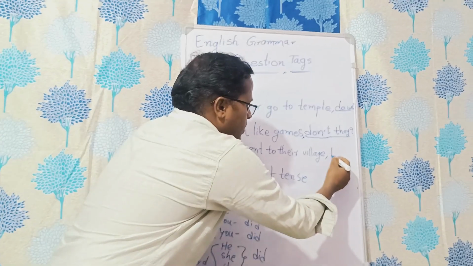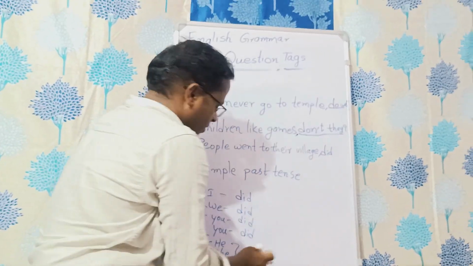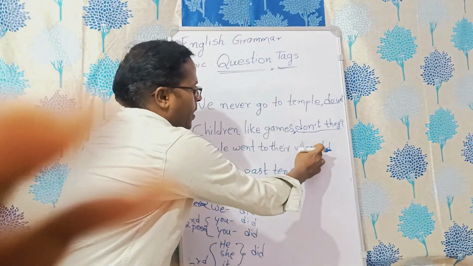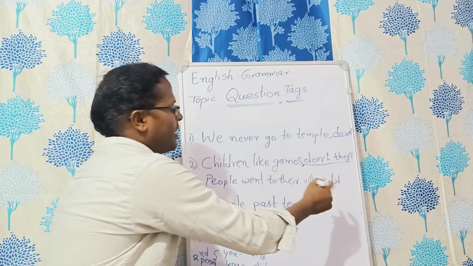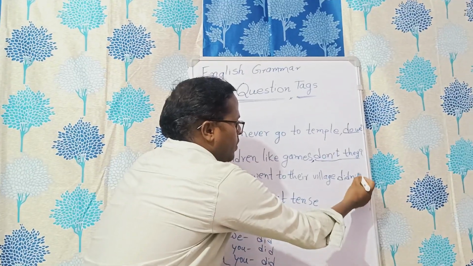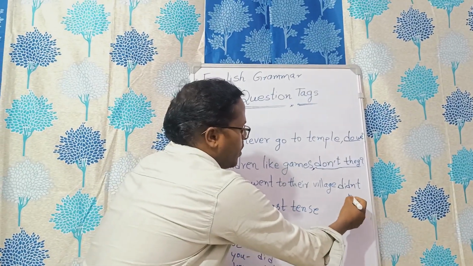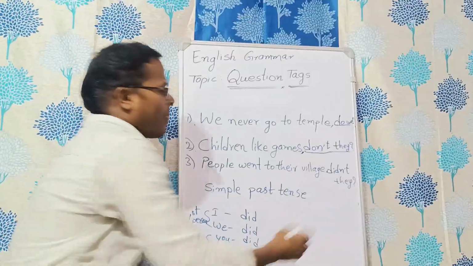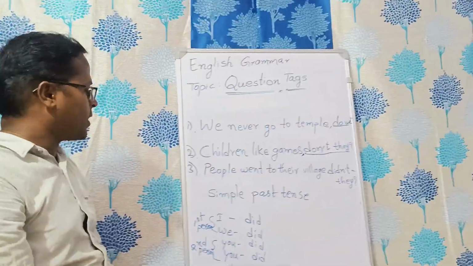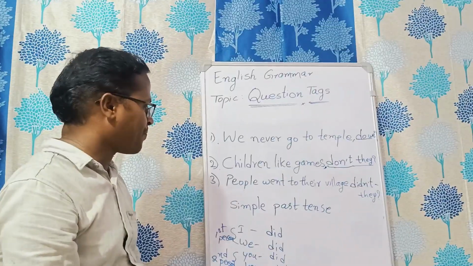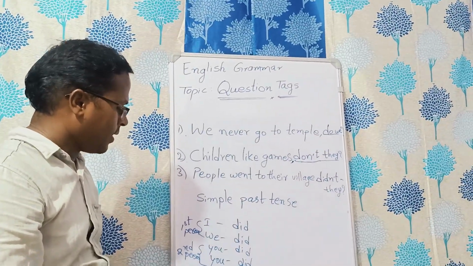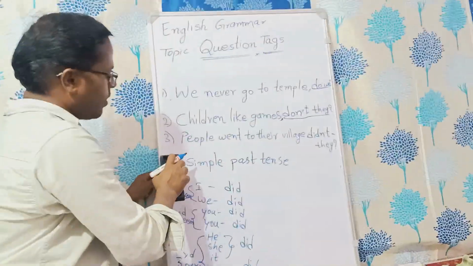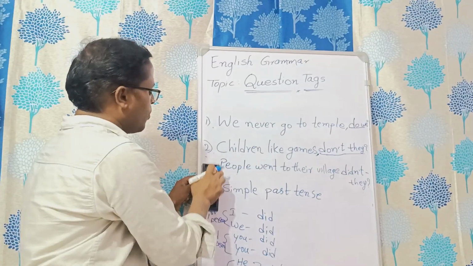The first thing is choosing the helping verb, and the next thing is adding not, and then we have to choose they. They is the subject pronoun of people. Got it? I will go with another example.